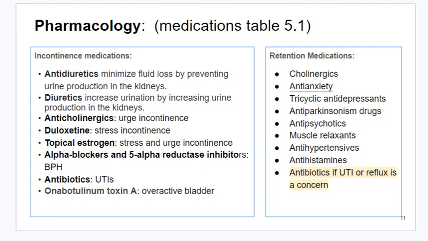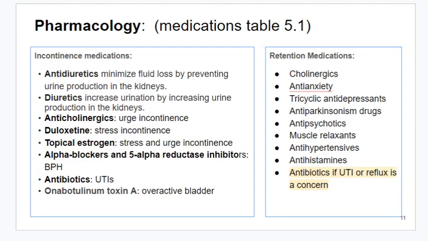We can have urinary analgesics for patients that have different types of cystitis or pain with urination. And then we have antispasmodics to hopefully treat those spasms. And then, of course, to help promote urination, we have our diuretics, which include our loop diuretics, thiazide, potassium sparing, carbonic anhydrase inhibitors, or osmotic diuretics.